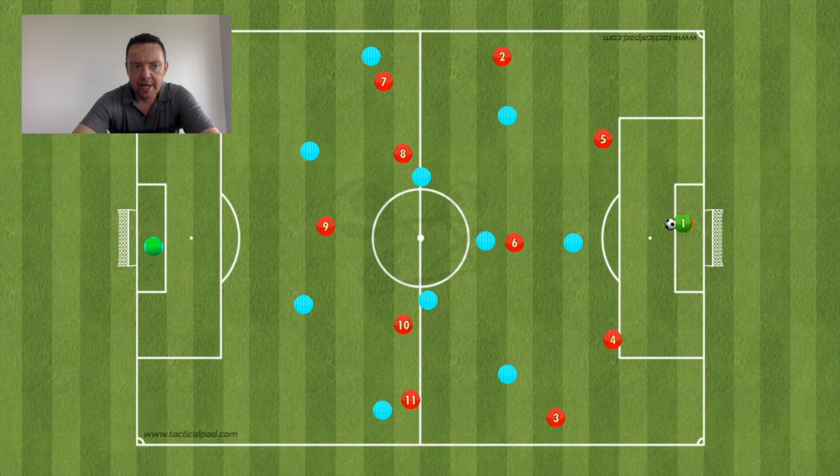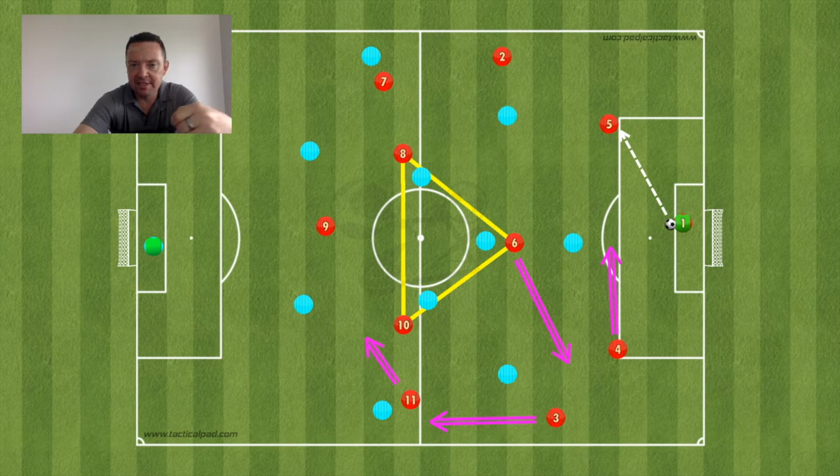And then what we're going to do then is when the ball is played by the goalkeeper to one of the centre-backs, the other centre-back is going to move across at a support angle, and the number 6 is then going to drop inside, and that's going to allow the number 2, the fullback, to push on, and again having a knock-on effect higher up the pitch, allowing the number 11, the winger on that side, the wide forward on that side, to bump up into an interior pocket, and then allowing you to progress the ball with a potential overload. So we'll play again in slow motion.